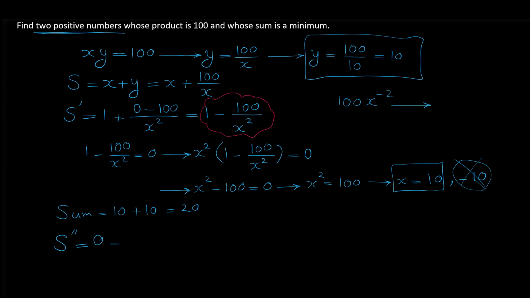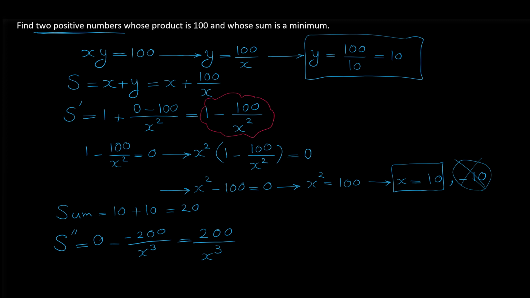And now with the power rule, the derivative is negative 200 x to the negative 3, which we can rewrite as negative 200 over x^3. So the derivative of 100 over x^2 is negative 200 over x^3, which if we simplify the negative with the negative, s double prime would be 200 over x^3.